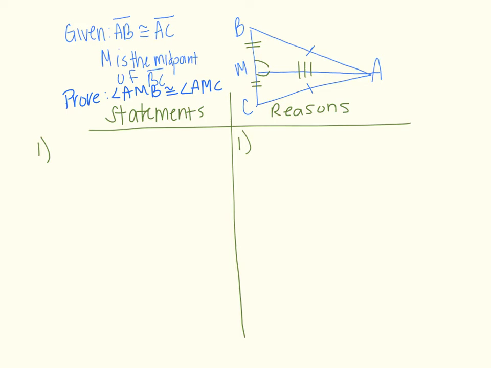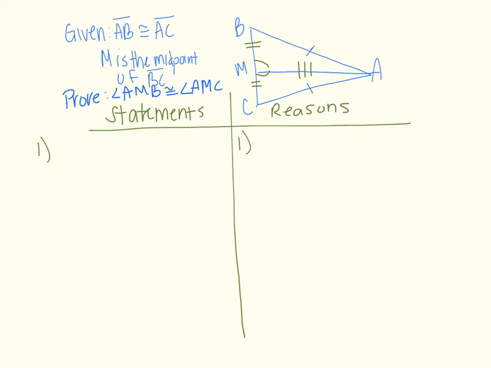So that tells us that triangle ABM is congruent to triangle ACM because of the side, side, side postulate. Now, because I have now said that those two triangles are congruent, that means that angle AMB is congruent to angle AMC because of corresponding parts of congruent triangles are congruent.